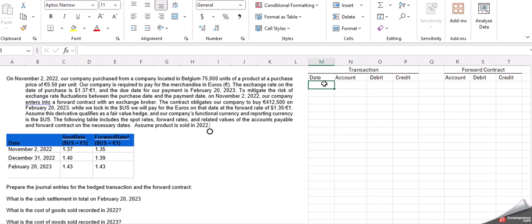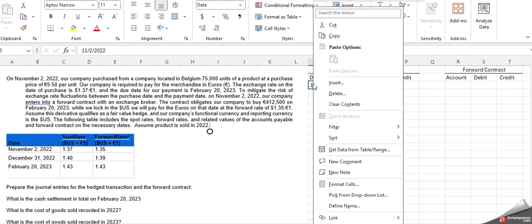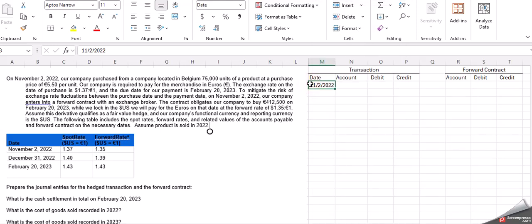So I'll come over here to the right. On the date of the transaction, notice up here in my columns, this is the transaction, what's going on with accounts payable, and then this is the forward contract. I'm going to put this down a line so I can do my computation up there.